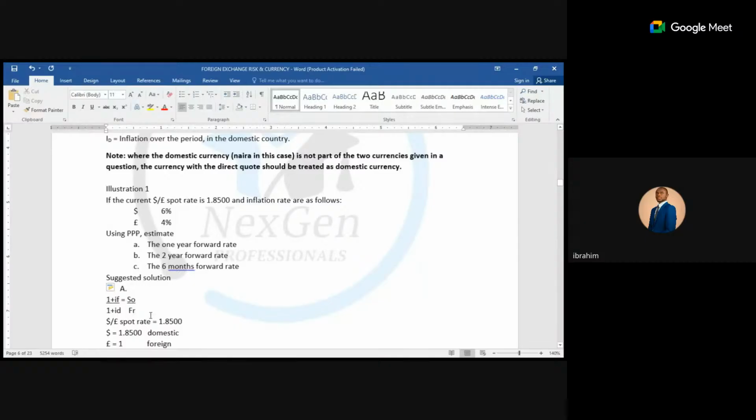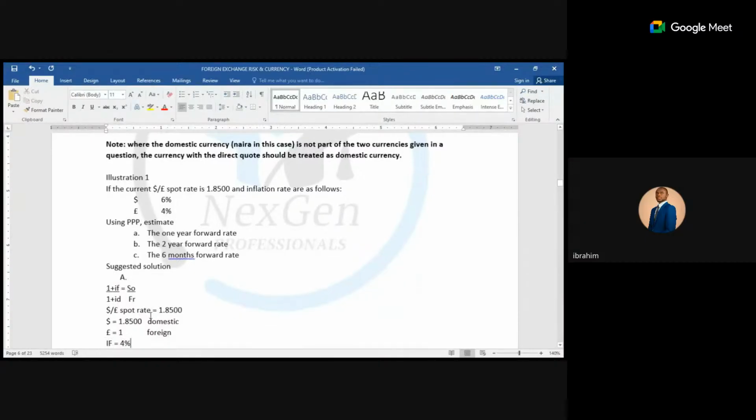Or when you have a spot rate, look for the currency that is weaker. Weaker means the spot rate of the currency that is higher will become the domestic currency.